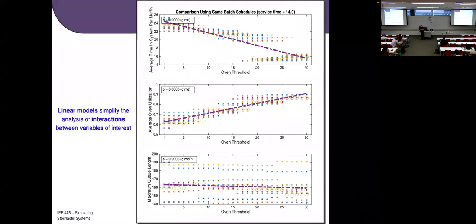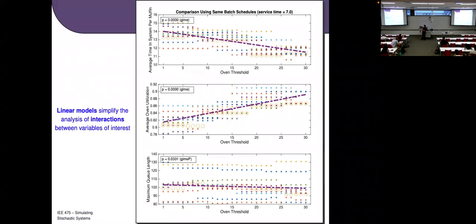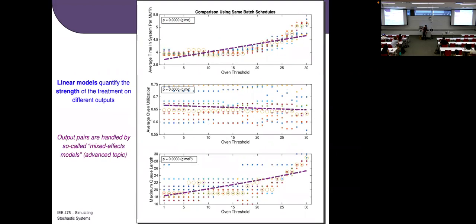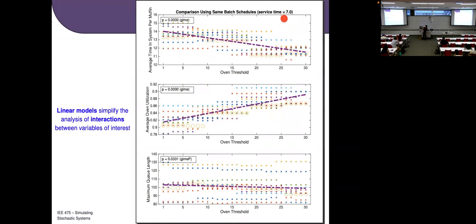Well, you'll learn in some more advanced stats courses that you can use these multi-linear models with multivariate statistics and actually start studying interactions, where it's not just the oven threshold, but the interaction between oven threshold and service time.